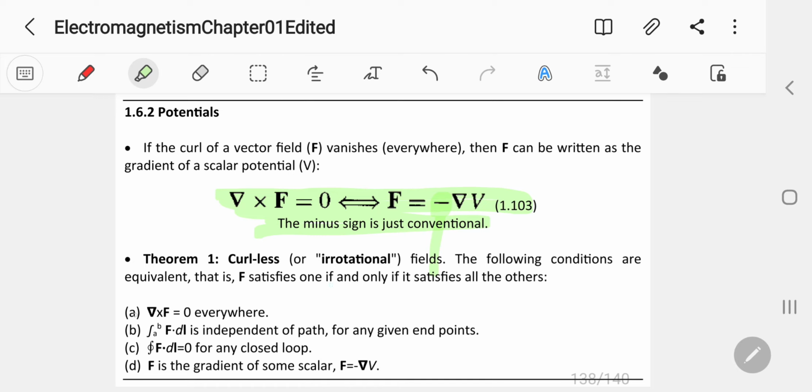So if you have the curl of F equal to 0 everywhere, then the integral of F dot dl from initial point A to B is independent of the path, so that when you integrate for a closed path, the integral of F would be 0, and F must be the gradient of some scalar.